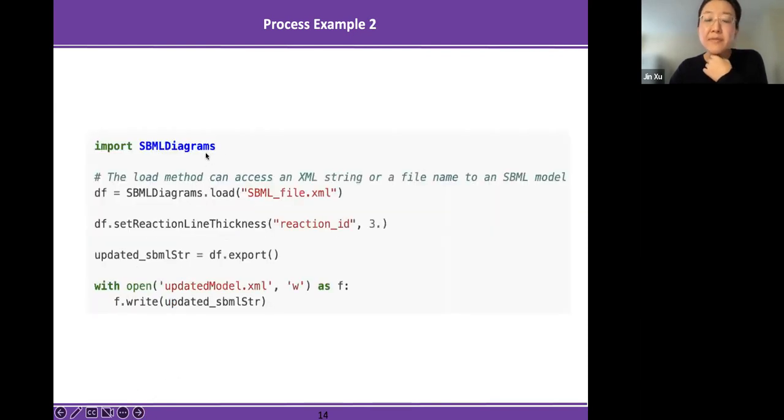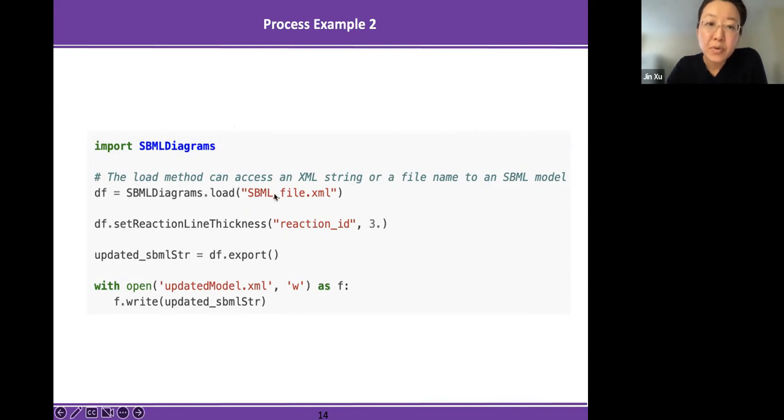So SBML diagrams does not only support visualization, but it can also set the render and layout of the SBML file if there isn't one, or you can also edit it with SBML diagrams.